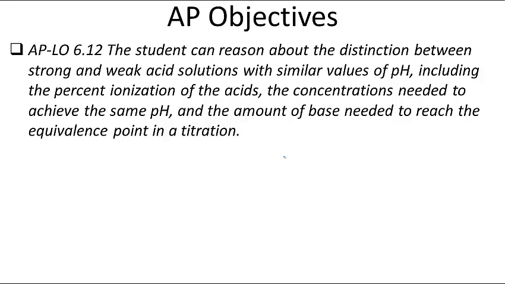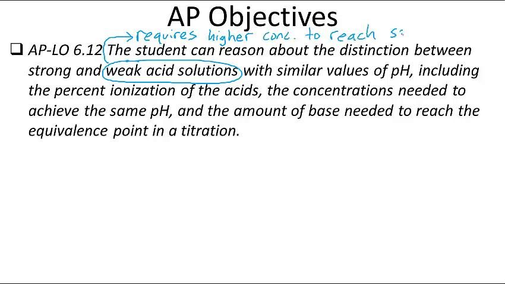To have the same pH, which requires a higher concentration? Acetic acid. Why? This requires higher concentration to reach the same pH. It will have a lower percent ionization.